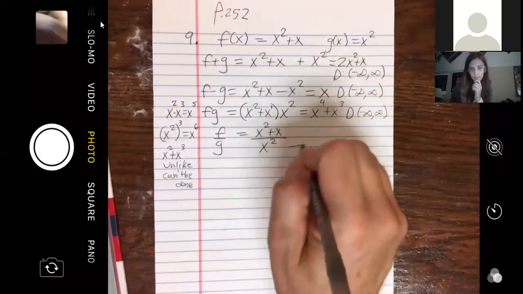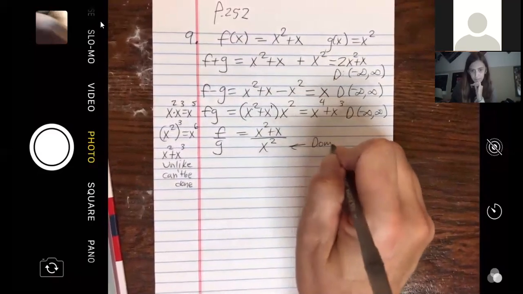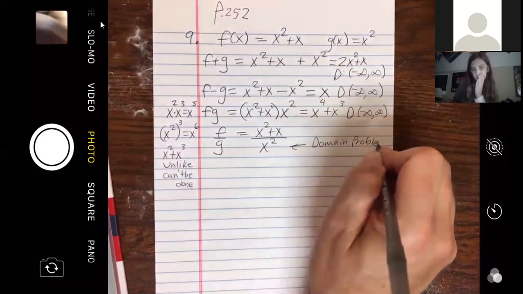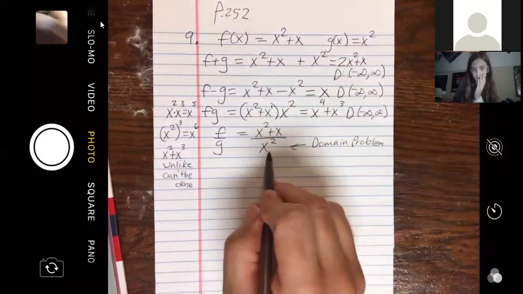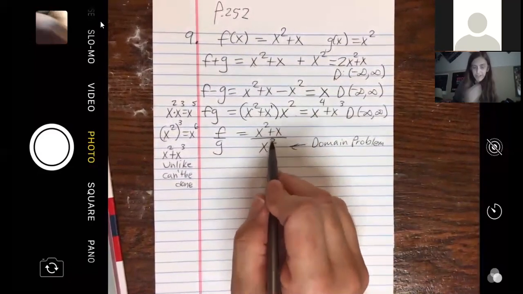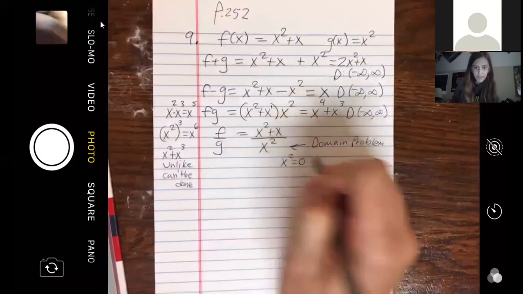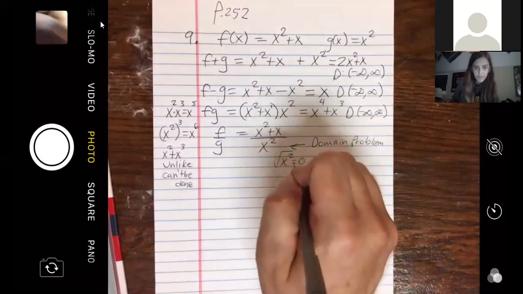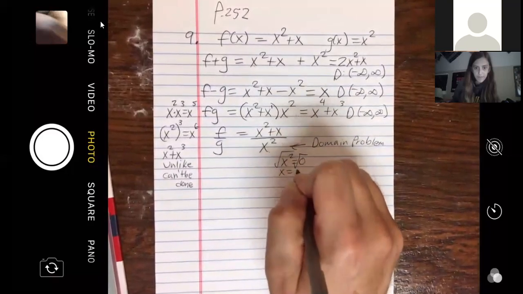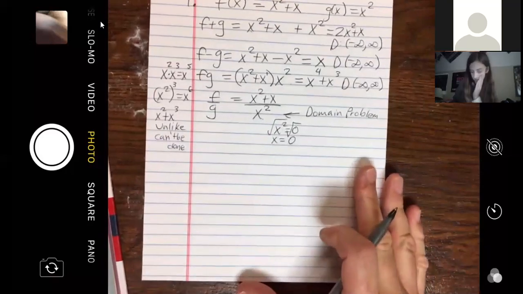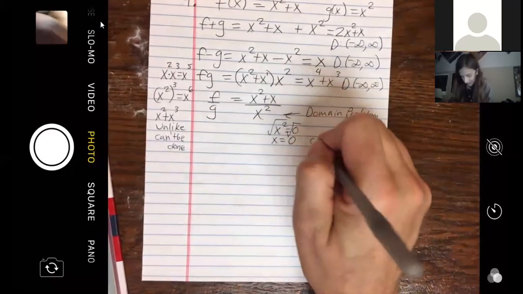But you see you've got a domain problem. You can't have a zero in the denominator. Setting x squared equals 0 and taking the square root, your x is 0. Can't use 0.